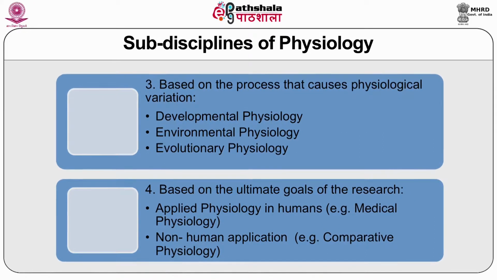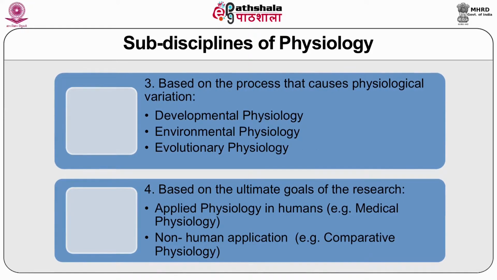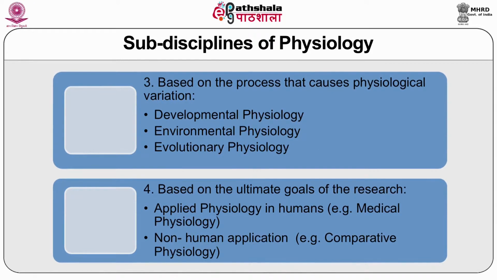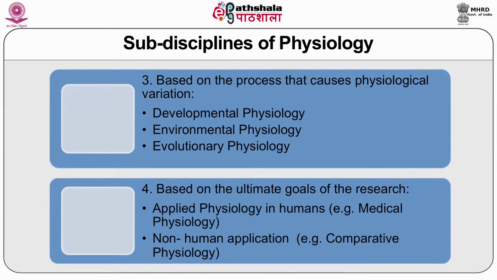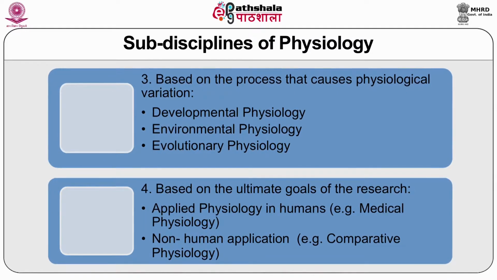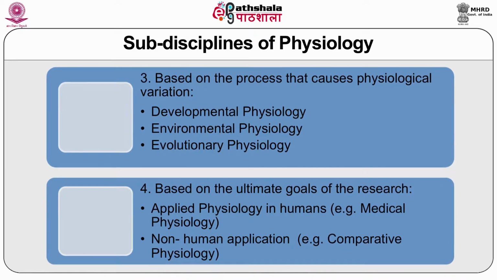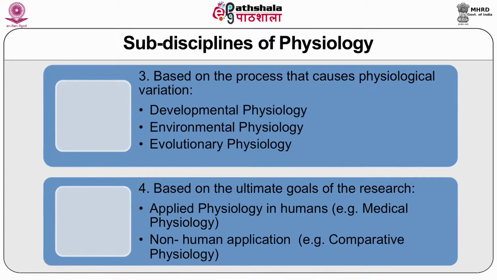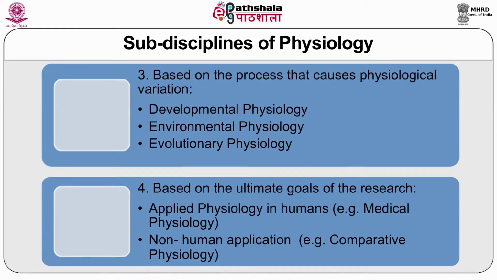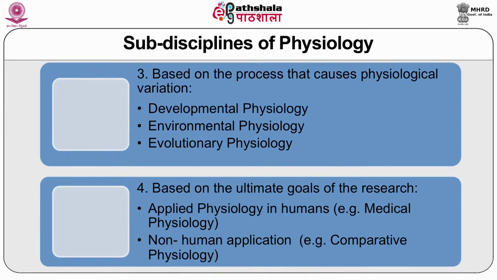You may also use this knowledge of physiology to improve the health of people, thereby improving their performance. A good example of improving performance is sports physiology. You may also apply physiological principles to improve, maintain and monitor the health of individuals.